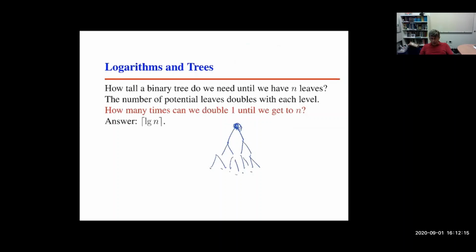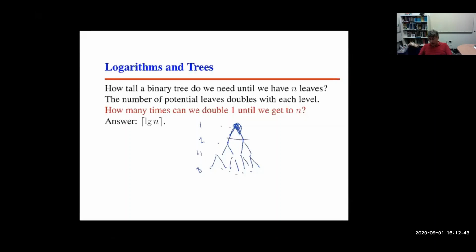If I have a binary tree, meaning that at each point it's split into 2 subtrees, what do I get? Every time I go from one layer to another, my number of nodes goes from 1 to 2 to 4 to 8. It's clear that every time I go one level deeper in a tree, I double the number of nodes. Does everybody kind of see that?